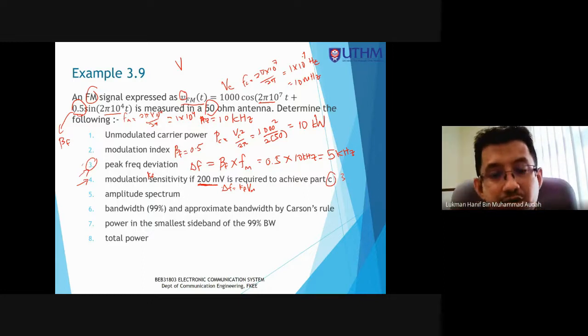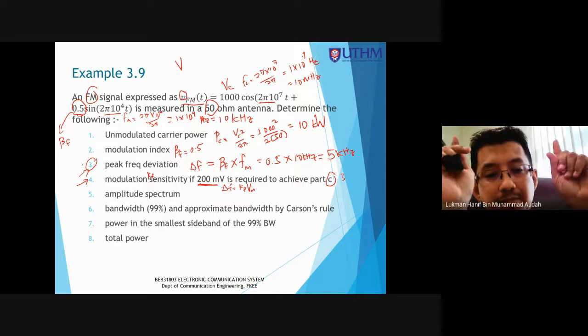Because we already know Vc, and in question 3 the frequency deviation is not related to Vc. It is related to Vm because delta F is proportional to Vm.